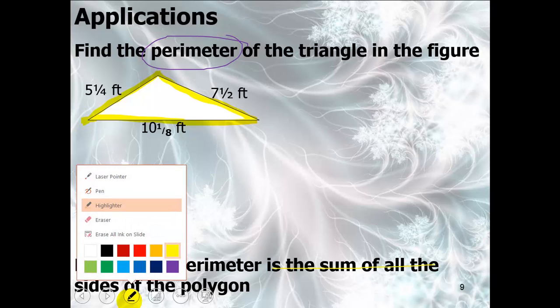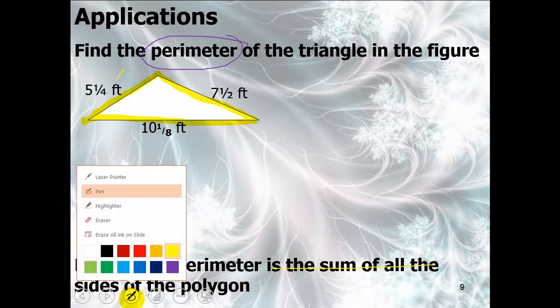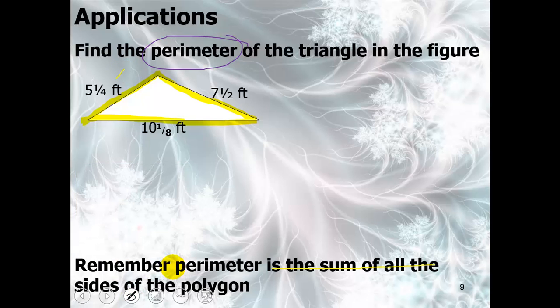So to do that, I'm going to go ahead and start converting them into improper fractions. So I'm going to start here, and I get 21/4 plus 7 1/2 is 15 halves, plus 10 1/8 is 81/8.